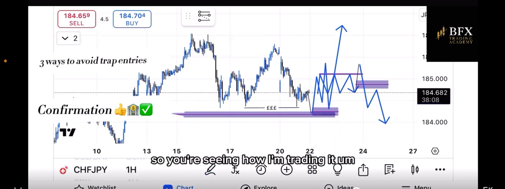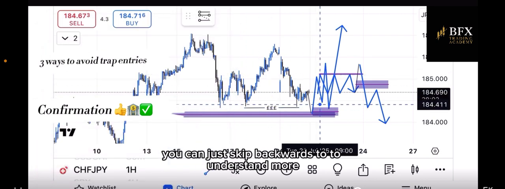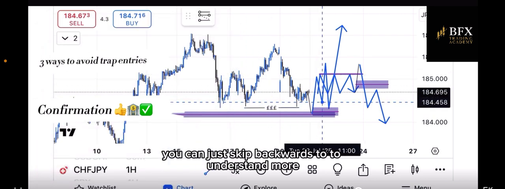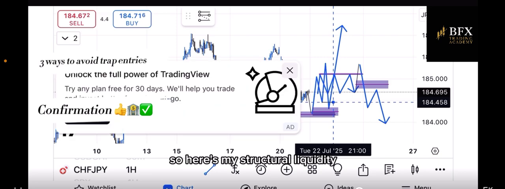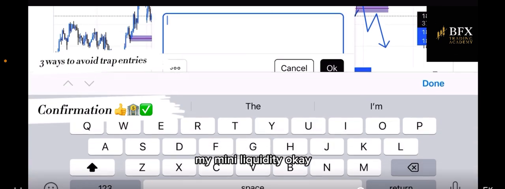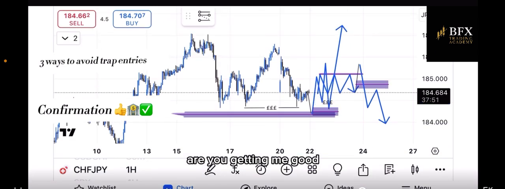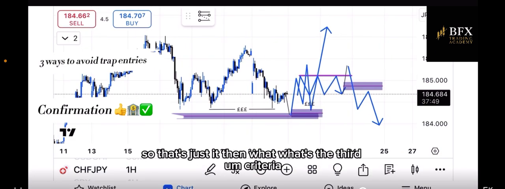So you are seeing how I'm trading it. You can just skip backwards to understand more. So here's my structural liquidity, my mini liquidity. Are you getting me? Good. So that's just it.